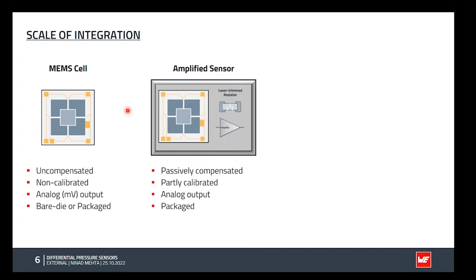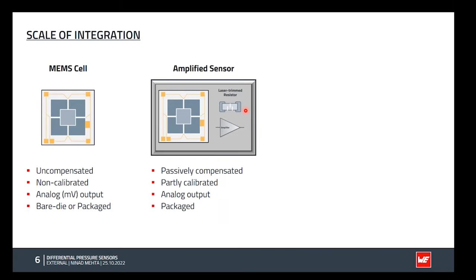Another type is the amplified sensor. So now with the MEMS measurement cell, we have an amplifier which amplifies the output signal, and in some cases we have passive compensation, with laser trimmed resistors, where you do the temperature compensation of the output at a fixed temperature.